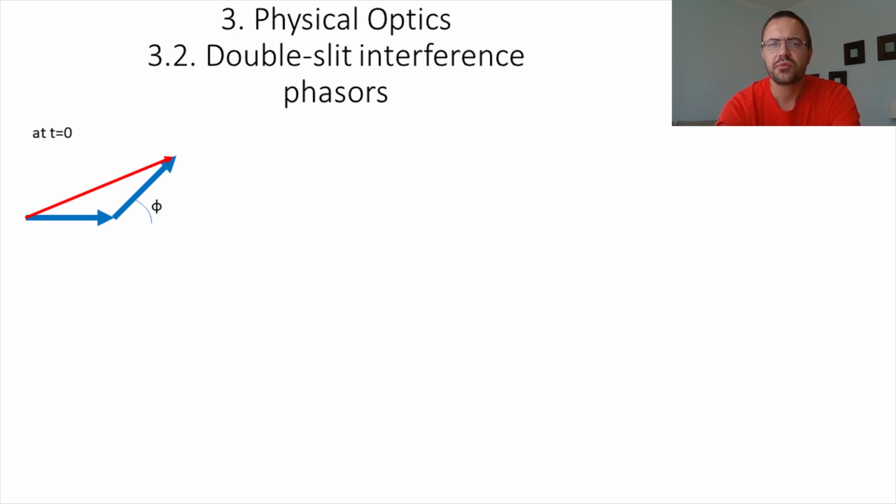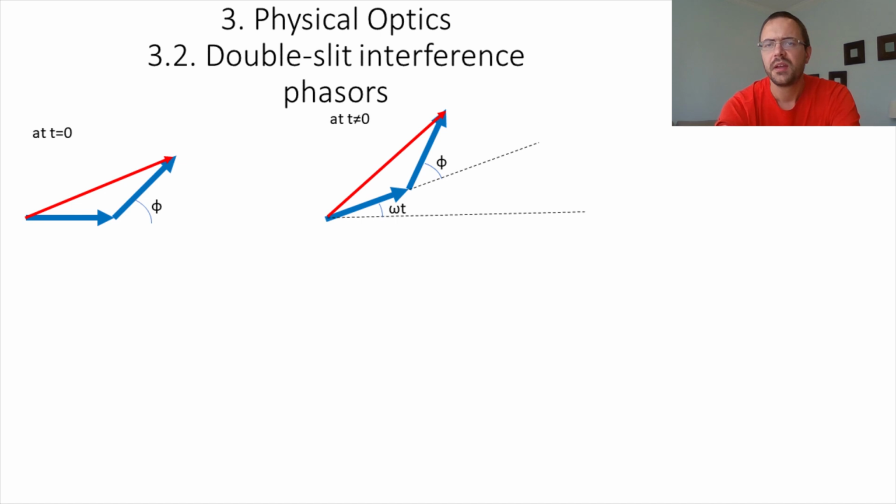And if you have two cosine functions and the second one has an additional phase of phi compared to the first one, then the second arrow is rotated by an additional angle of phi, right? Because the phase also contains an omega t term, you need to imagine that these phasors are rotating with an angular frequency omega. But what we care about here is the addition of these two phasors, which is represented by the length of the red arrow.